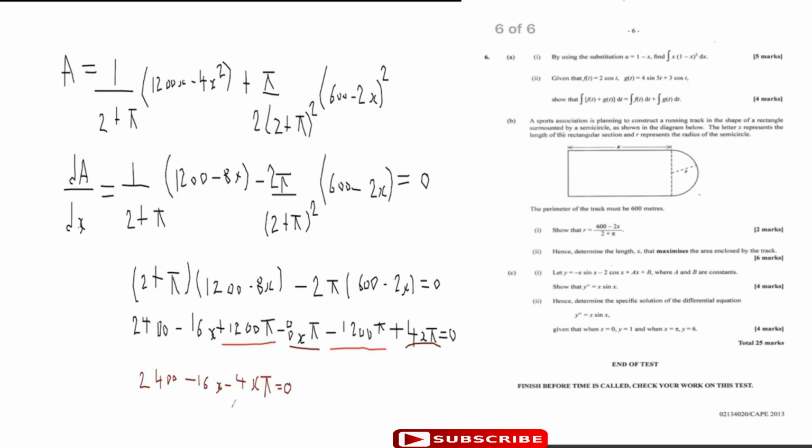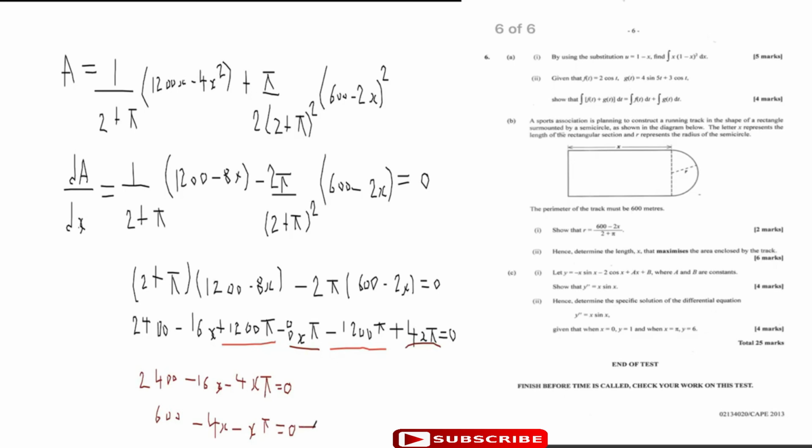All right. Now we can solve for x. We can divide through by 4 to get 600 minus 4x minus, we divide it through by 4, and so this is x pi is equal to 0.